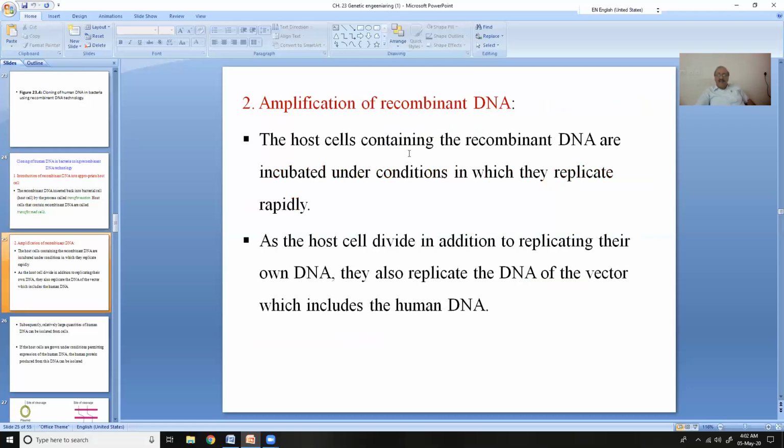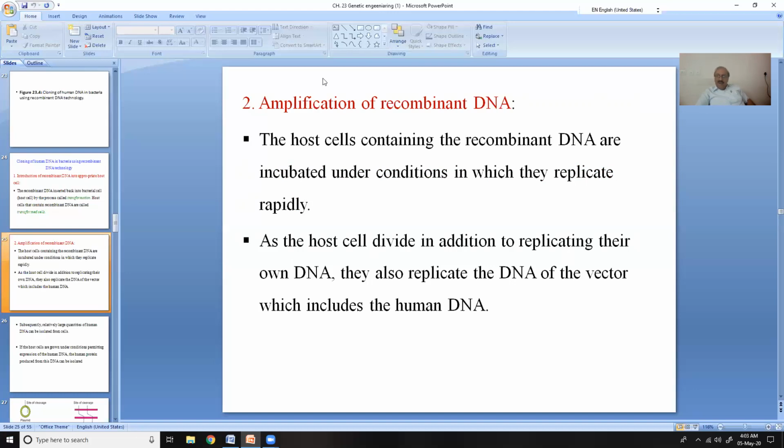The host cells containing the recombinant DNA are incubated under conditions in which they replicate rapidly. As the host cells divide, in addition to replicating their own DNA, they also replicate the DNA of the vector, which includes the human DNA.